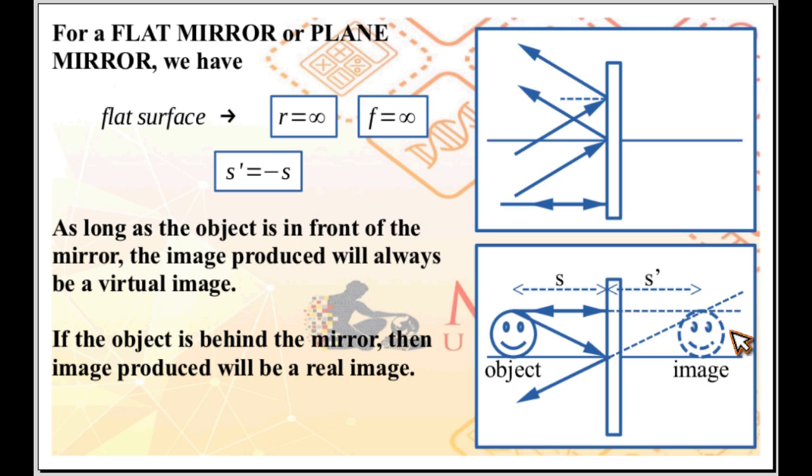Thus, we have an image located here, an optical copy of the object. And we see that the object is in front of the mirror, the image will be on the other side of the mirror. In this case, the image is inside or behind the mirror. You have a virtual image. Ray diagram for determining the location of the image.